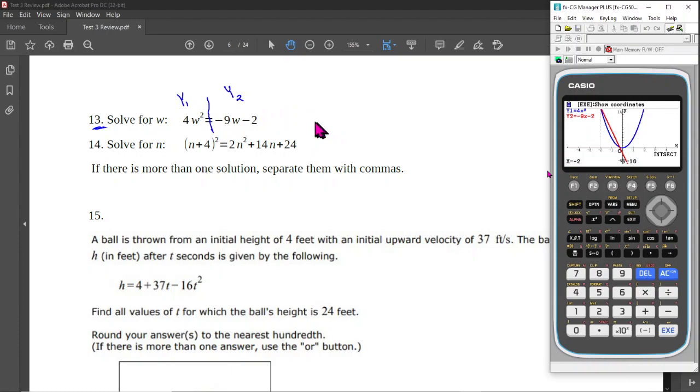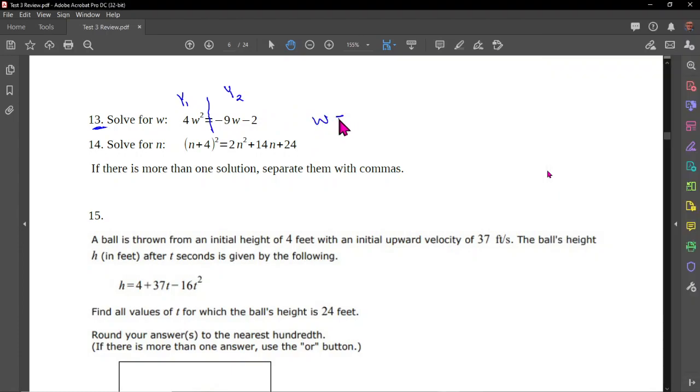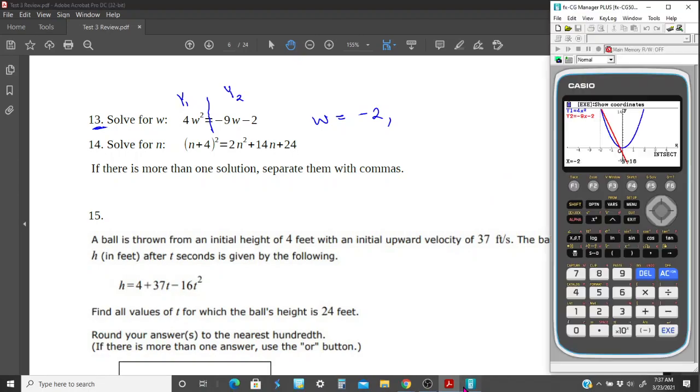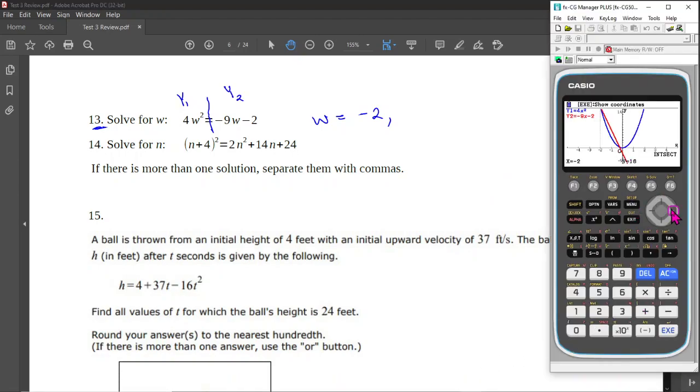So for this one, we could say w equals -2 is one of the solutions. And then we can go to the next one, and notice it tells us when x equals -0.25, both y values are the same as well. So what we're focusing on is we've solved for x. So the other one is -0.25.